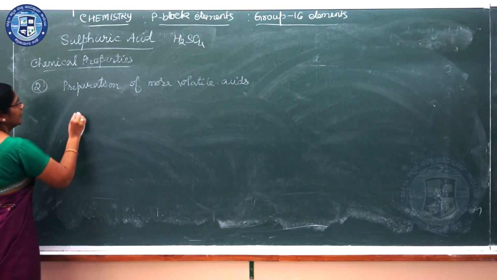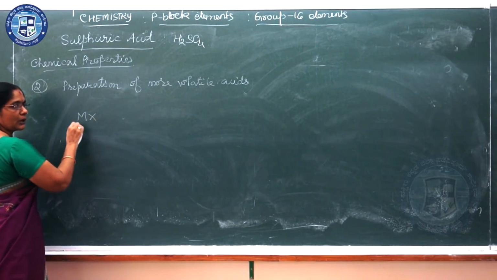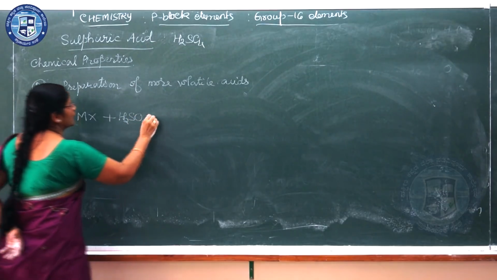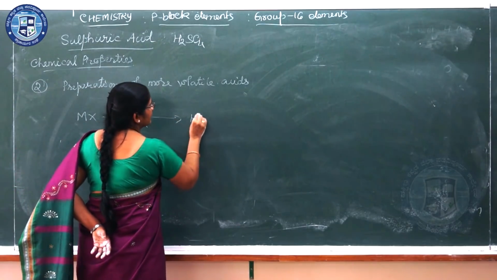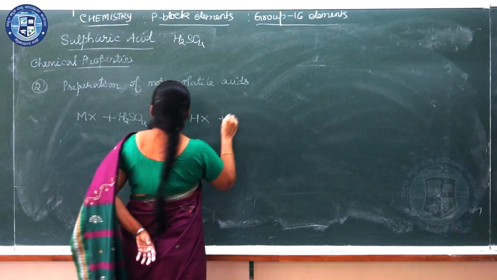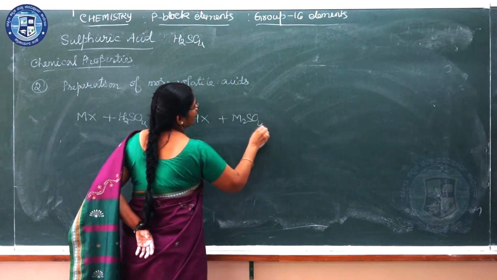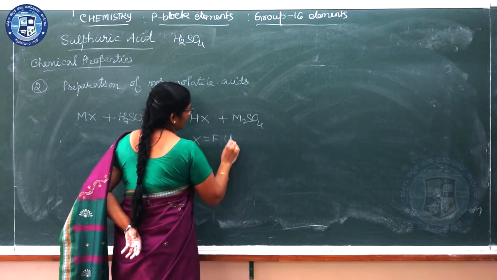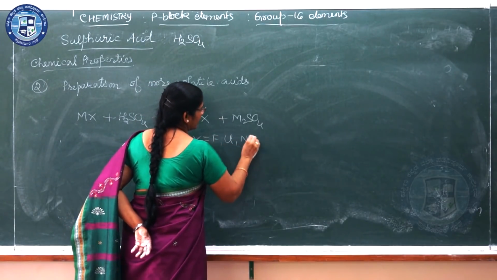For example, if you have a metal salt MX which is made to react with sulfuric acid, it gives HX, an acid, and a sulfate salt, where X can be fluorine, chlorine, or even nitrate.